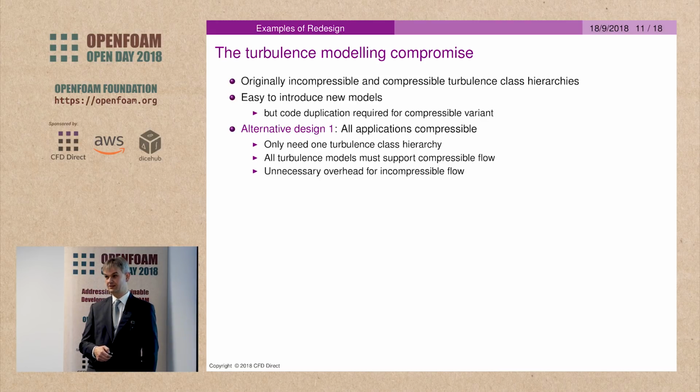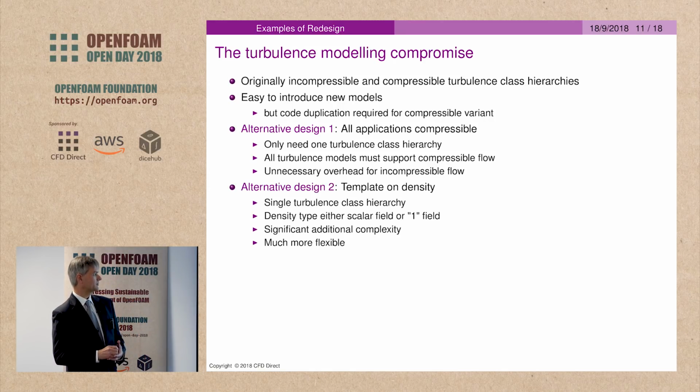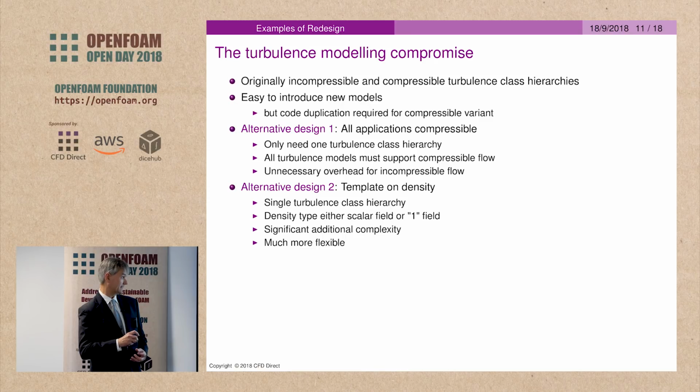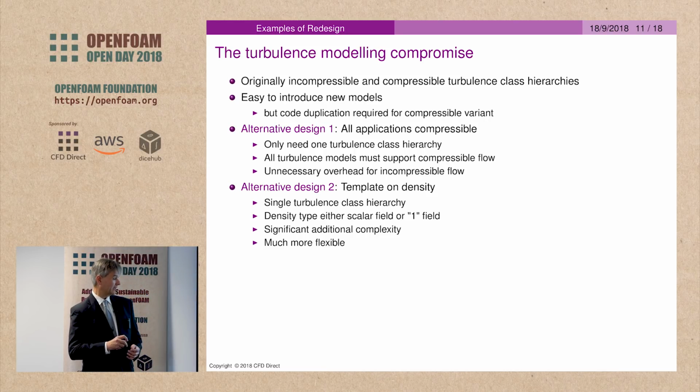Unless you set the density to 1, then it's incompressible. That would be one option. The other option would be to create a templated library. And we have a template parameter, which is the density, and it can be either a scalar field type or a type that is always 1. I played around with these ideas.